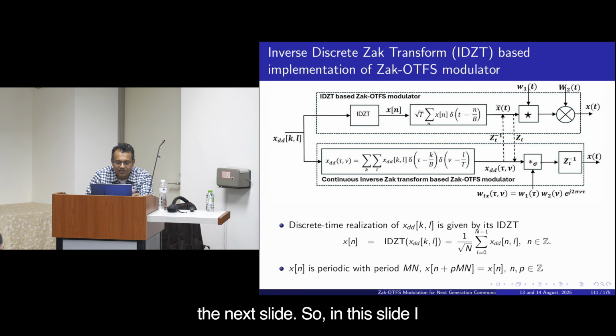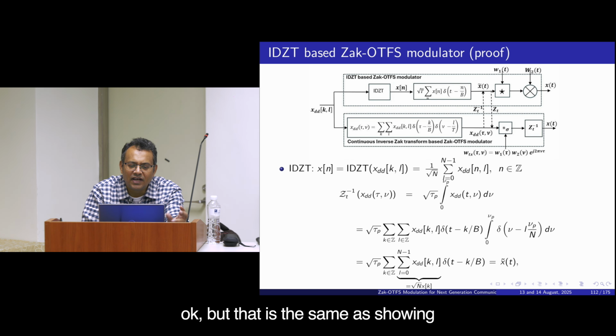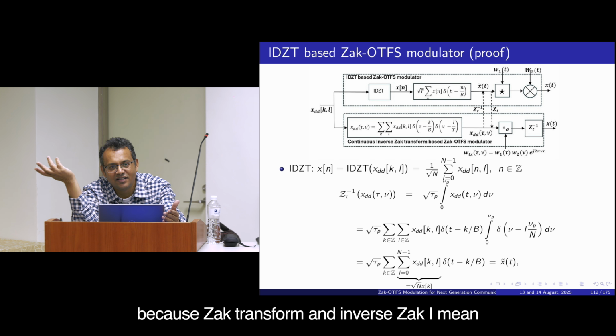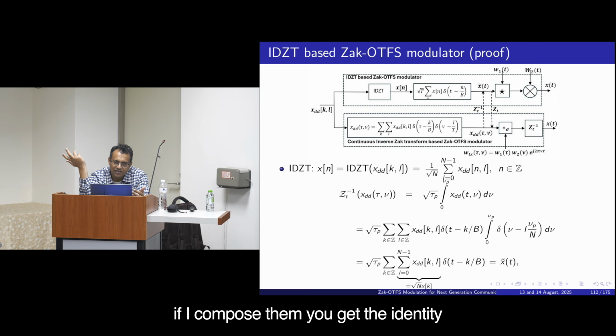Let me go to the next slide. In this slide I am trying to show that the delay-Doppler representation of x tilde is basically this signal. But that is the same as showing that if I take the inverse Zak transform of this signal, I should get x tilde t. They are equivalent statements, because if I compose the Zak transform and inverse Zak, you get the identity.